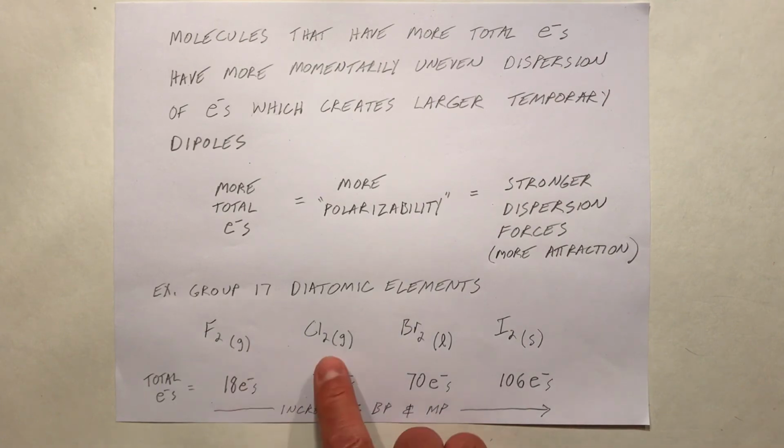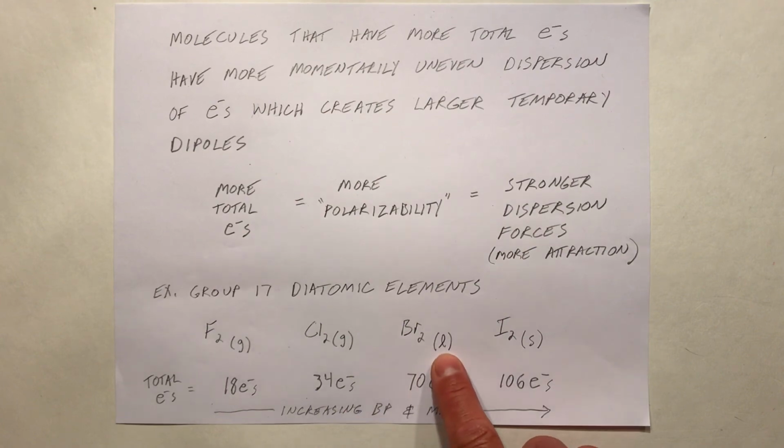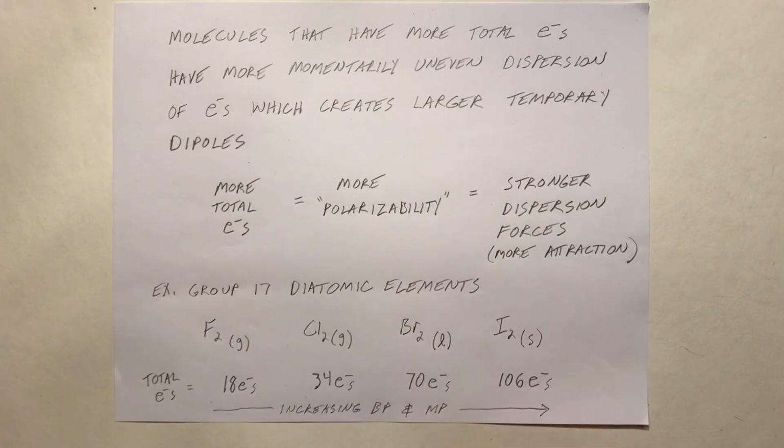So we see gas, gas, liquid, and solid. And what's more, remember that we said macroscopic properties were affected by these forces. We would see increasing boiling point. So the boiling point of chlorine would be bigger than that of fluorine. Liquid bromine has a boiling point that's above room temperature, so that means that bromine has a larger boiling point than chlorine does.